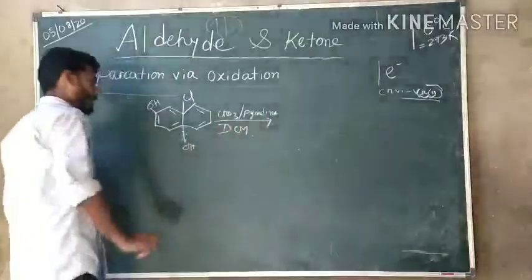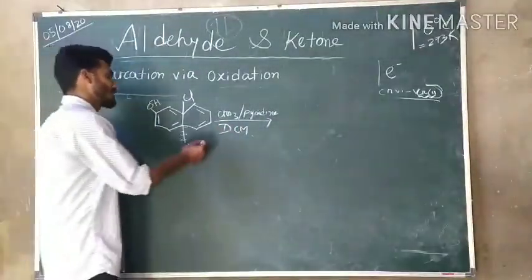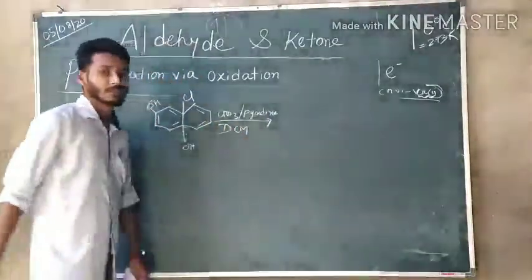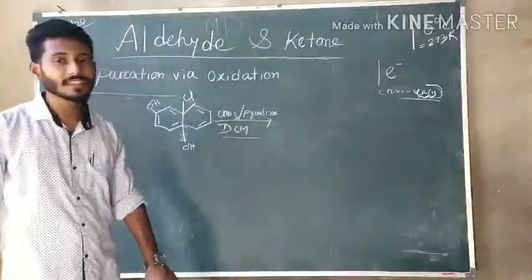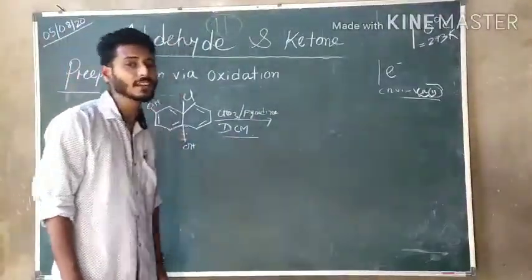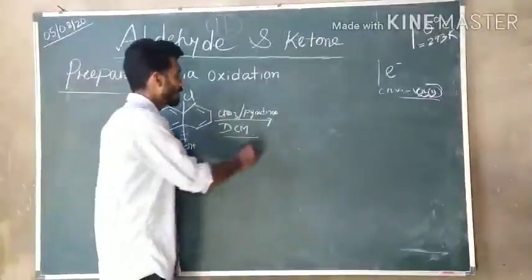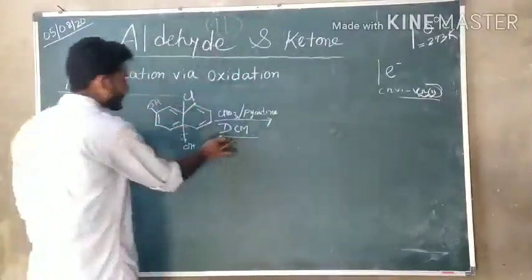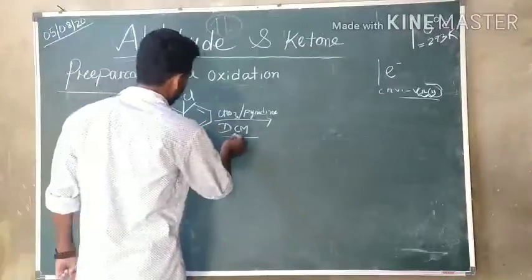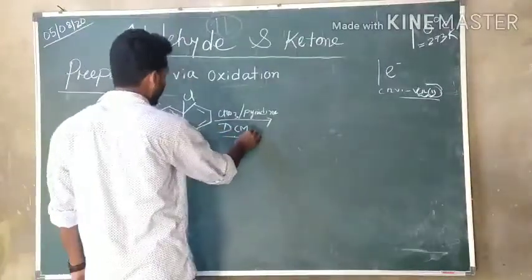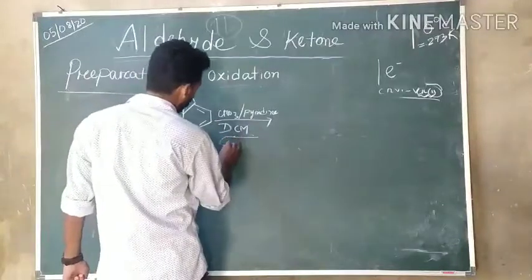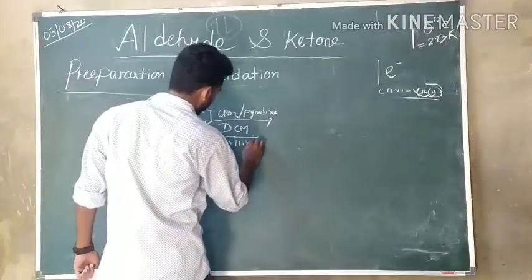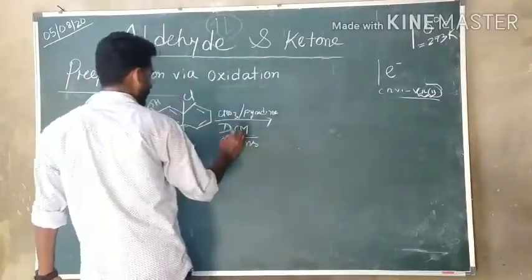So, can you tell me whether this is a Sarett reagent or Collins reagent? This is a Collins reagent. We have to identify this on the basis of the solvent given here. Here, DCM as a solvent, so it will act as Collins reagent.